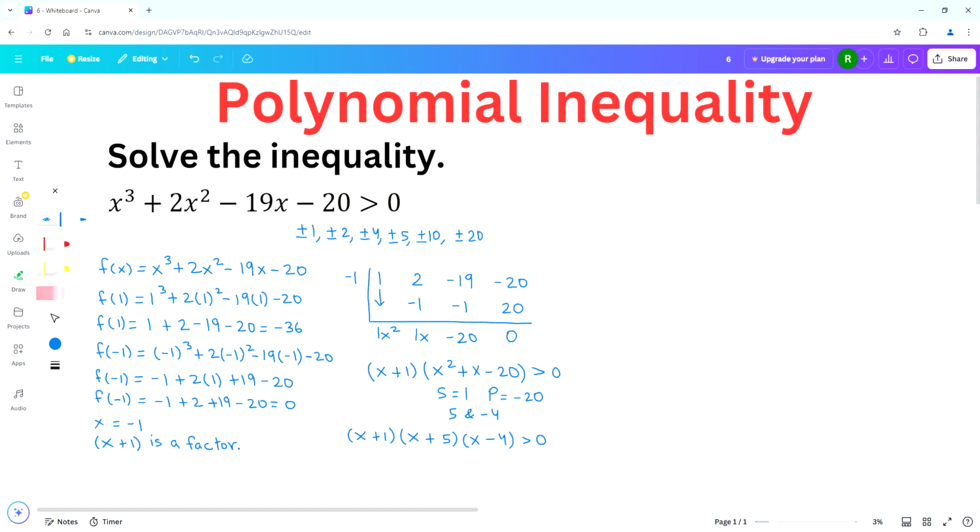Next, we should find the x-intercepts for this cubic polynomial. We should set each factor equal to 0 and solve for x.